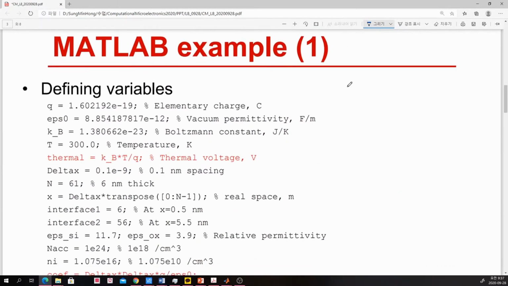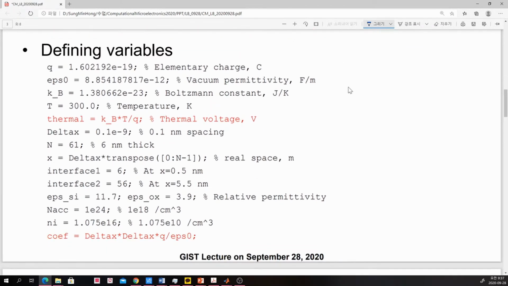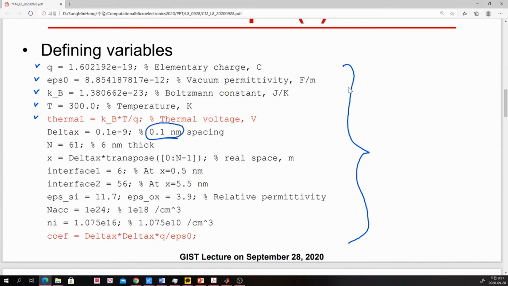So here we have the first part of our example, and we just define many quantities. For example, this is q, epsilon naught, also the Boltzmann constant and temperature. And the thermal voltage is assigned, and we now use a 0.1 nanometer spacing for our discretization.